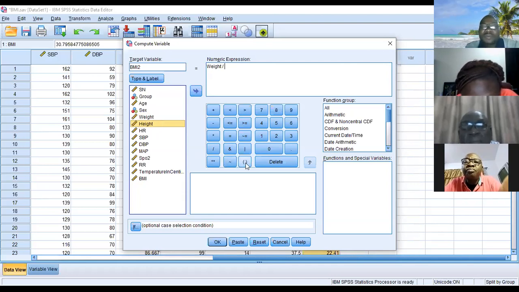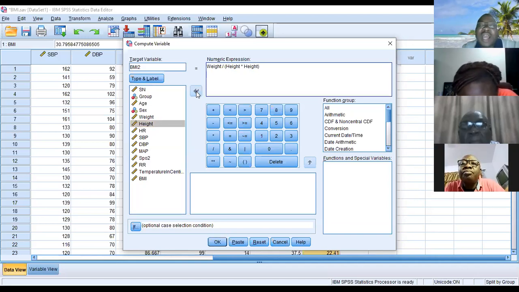Click on the bracket, then move the height inside. Then click on times, this asterisk is the multiplication. Then click on height again and move it there. Yes, you have done it. Weight over height times height.